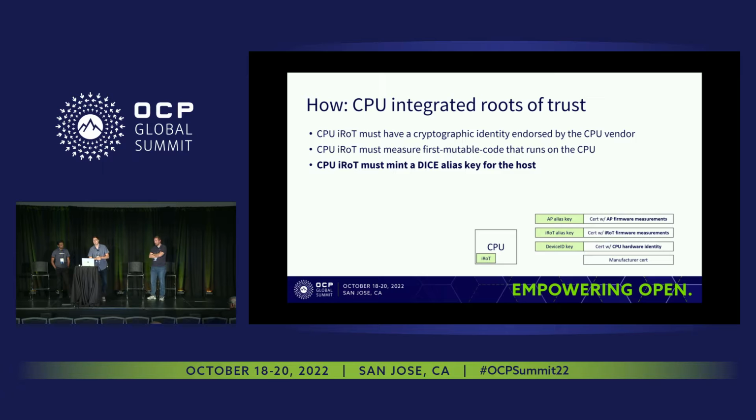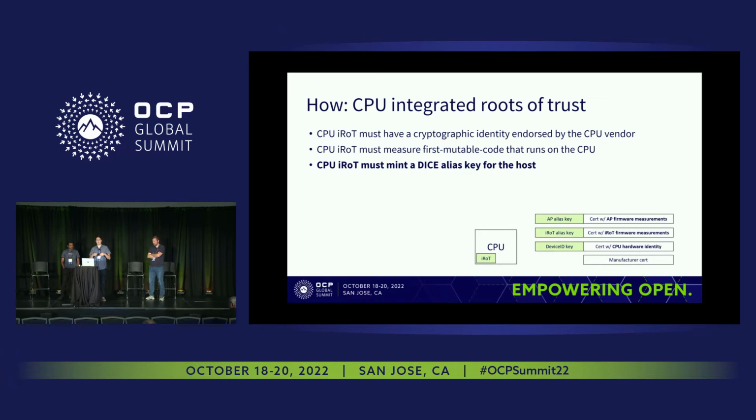during manufacturing. And then we want to mix in the IROT firmware. We want to know what firmware the IROT booted, and we get another key out of that, an alias key, that proves I'm specific hardware running specific IROT firmware. And then generally in an IROT, we've heard a lot about Calyptra this week. In a minimal IROT in the CPU, we'll measure the first mutable stage of code that runs on the AP.